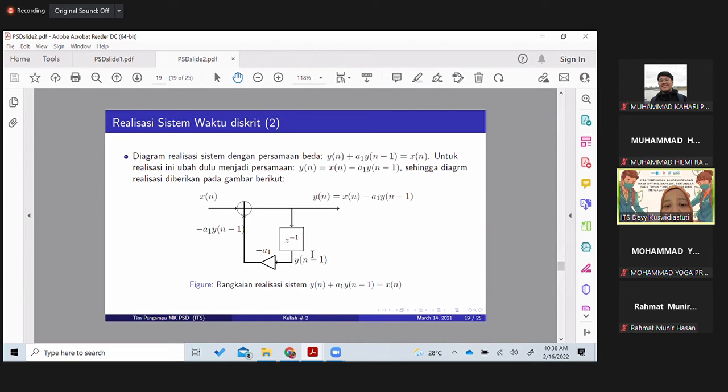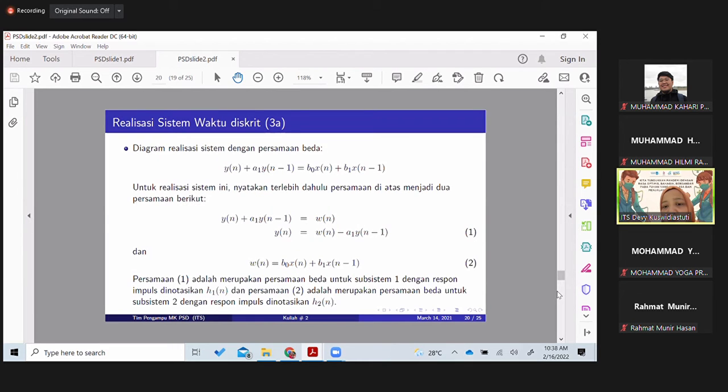And then what happens if we have both of these in our system? We have the input dependent part, and also the output of the previous time dependent part.